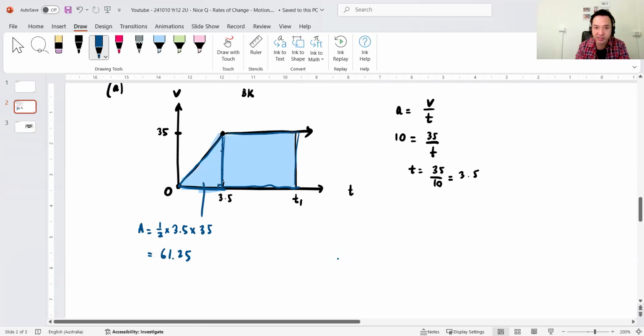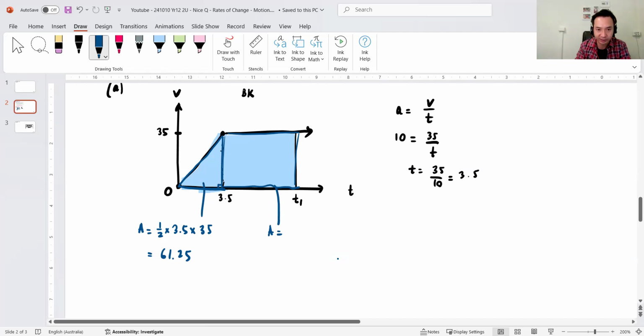I don't know what the value is, but I know that total area is displacement, and the distance that I want to travel is 2 kilometers. So once I find an expression in terms of T1, I'll make that equal to 2,000 when I add them together.